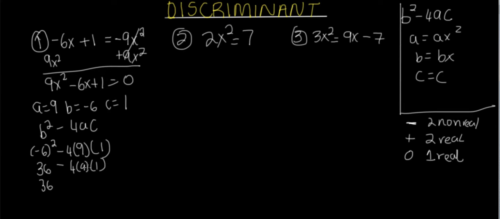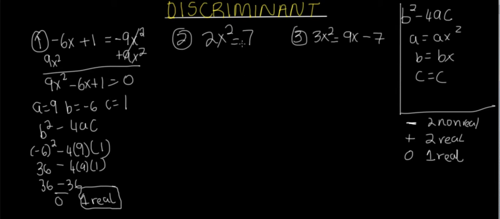So negative 4 times 9 is negative 36, times 1 is a negative 36, so I have minus 36. 36 minus 36 is 0. That's not the answer. This tells you that it's 0. When the answer is 0, how many solutions can you expect? One real solution. So if you're solving this, I should just get one answer, not two.